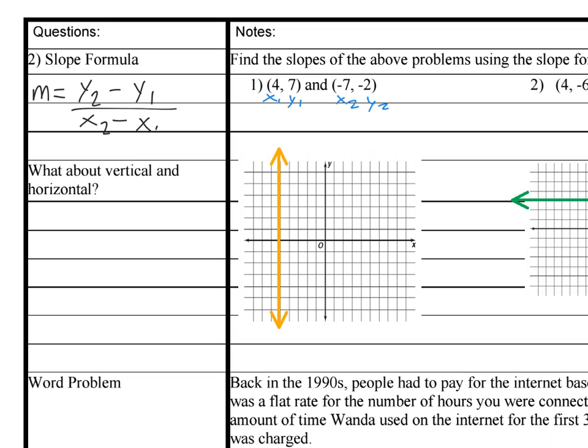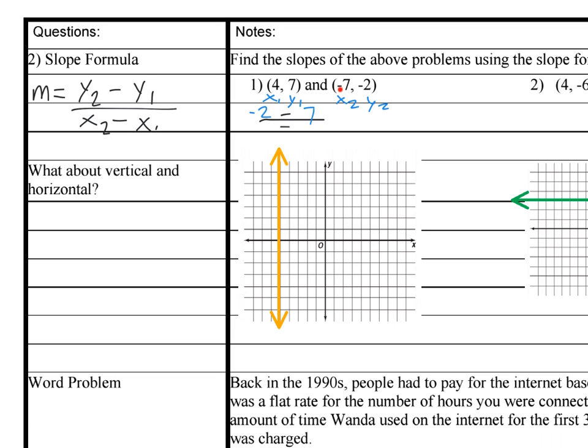Start out by writing the big fraction bar with the subtracts, and then we plug in. y2 is right here, so it's negative 2. Next is y1, which we have labeled right here as 7, so that goes here. Then looking back at our formula, x2 comes next.